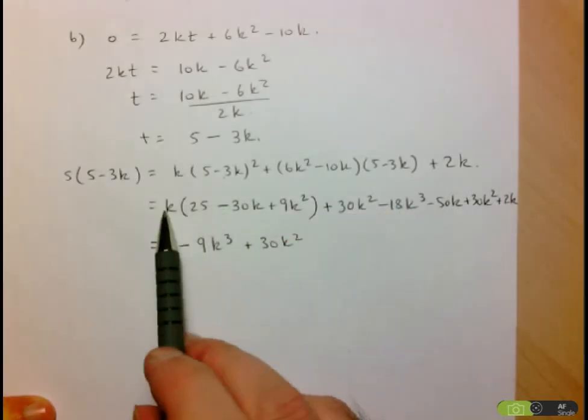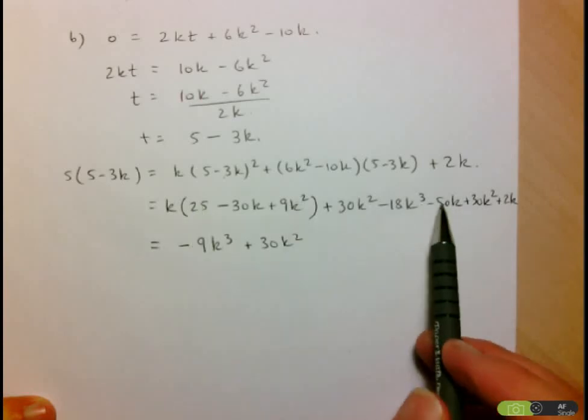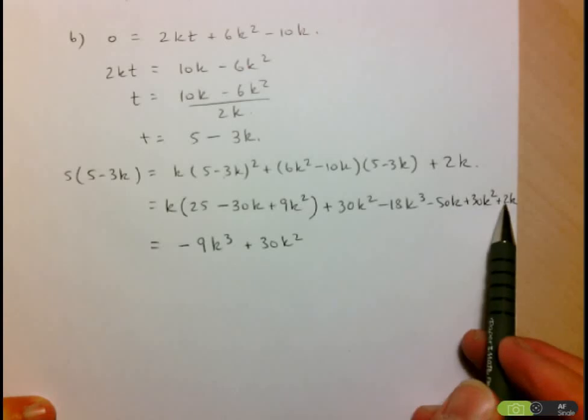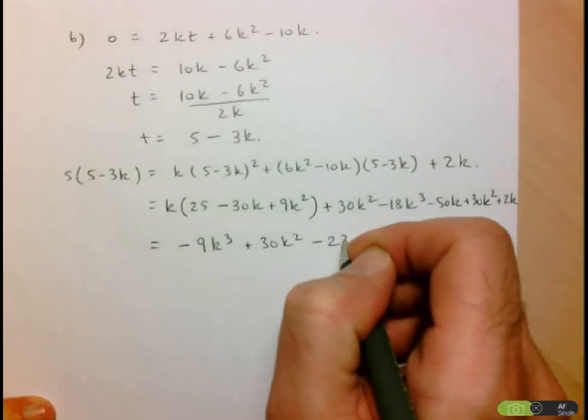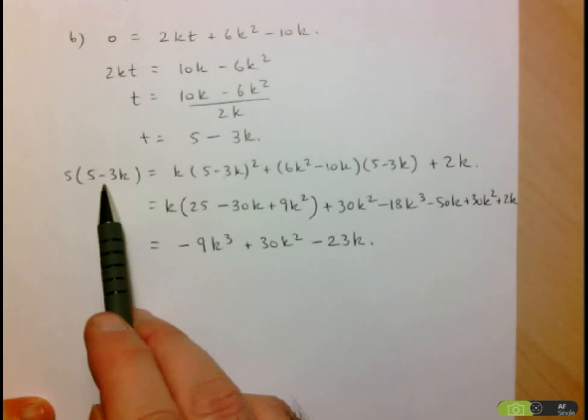Let's go for the k's now. 25k minus 50k, that's negative 25, plus 2k is negative 23k. And we've got all the terms done. Okay, so there we have it, our position at the time when the velocity is 0.